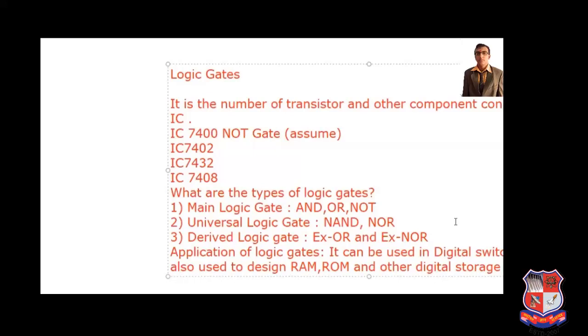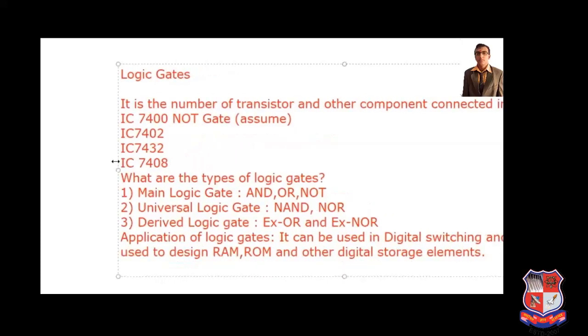Now, what are the other types of logic gate? What are the other parameters of logic gate that I will discuss here? So this is the basic concept regarding the logic gates.